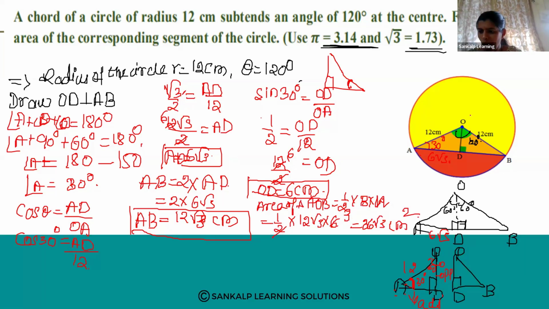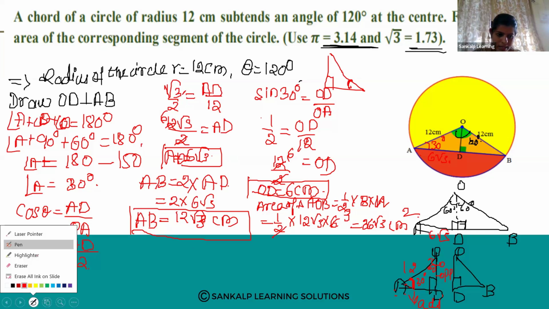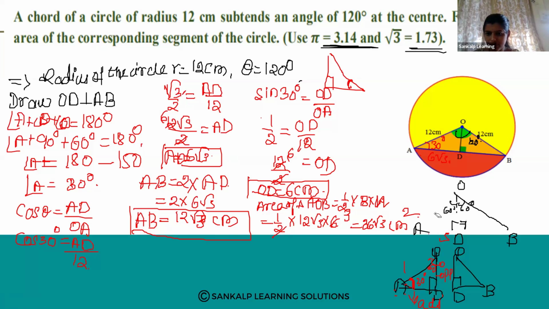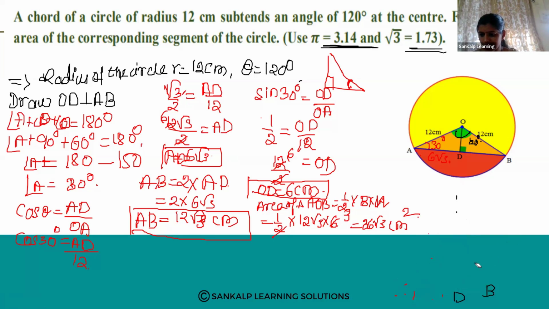Now, we need to find the area of the minor segment. What we need is the area of the segment. So what do we do to get the area of the segment? Area of the segment is area of the sector minus area of the triangle.